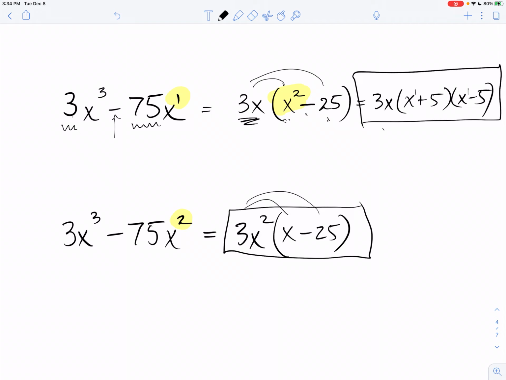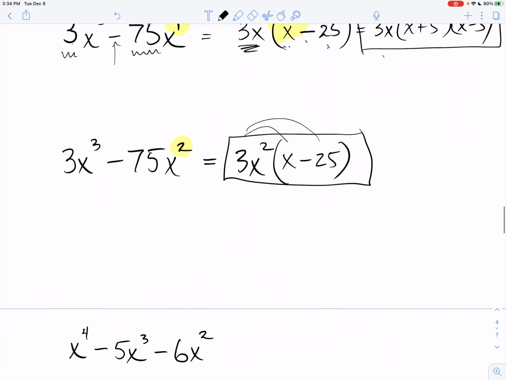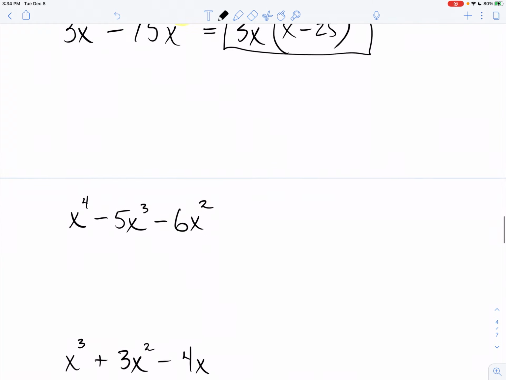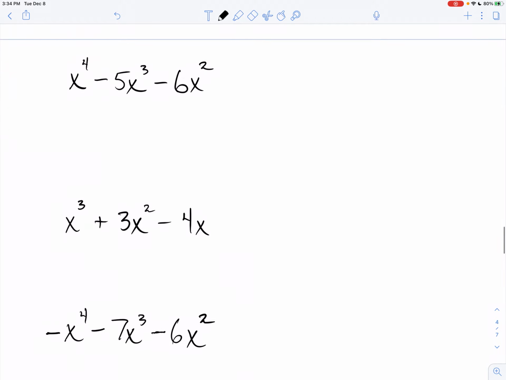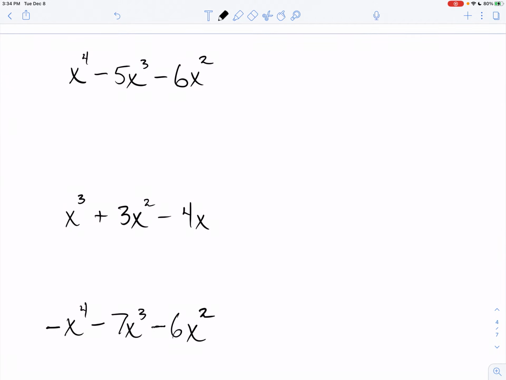Okay. Now, we build a little at a time, little at a time. So these next problems are going to look similar to ones we did before. But the difference is this. In the problems we did previously, I never had you guys take out more than one x at a time.